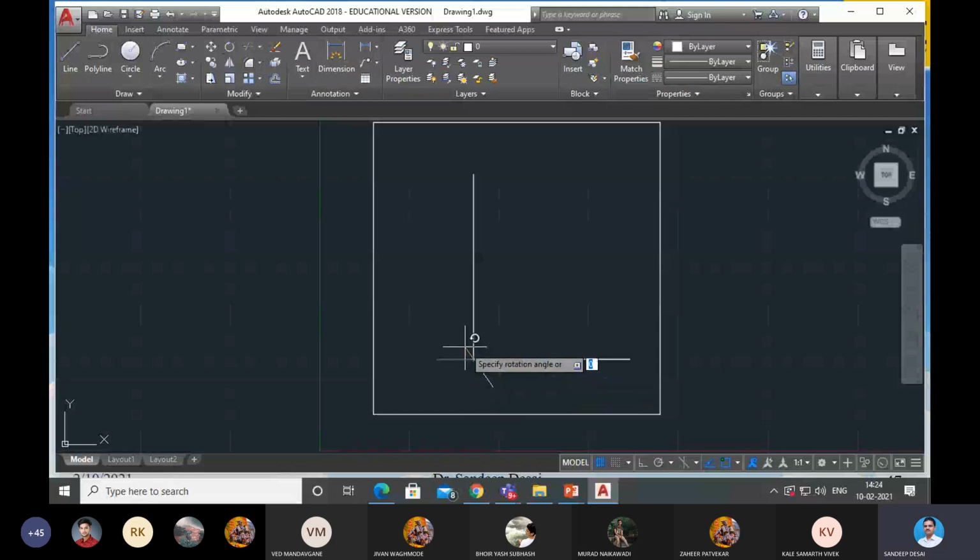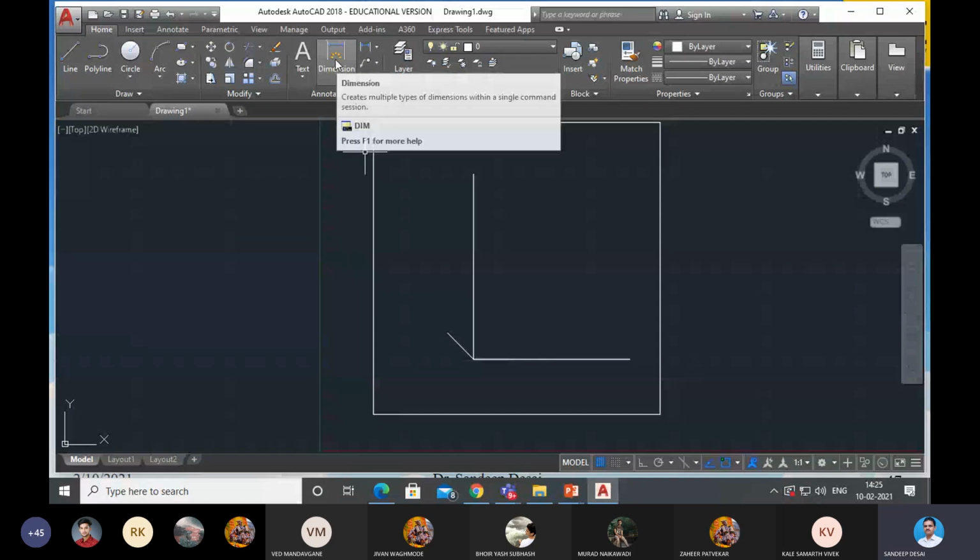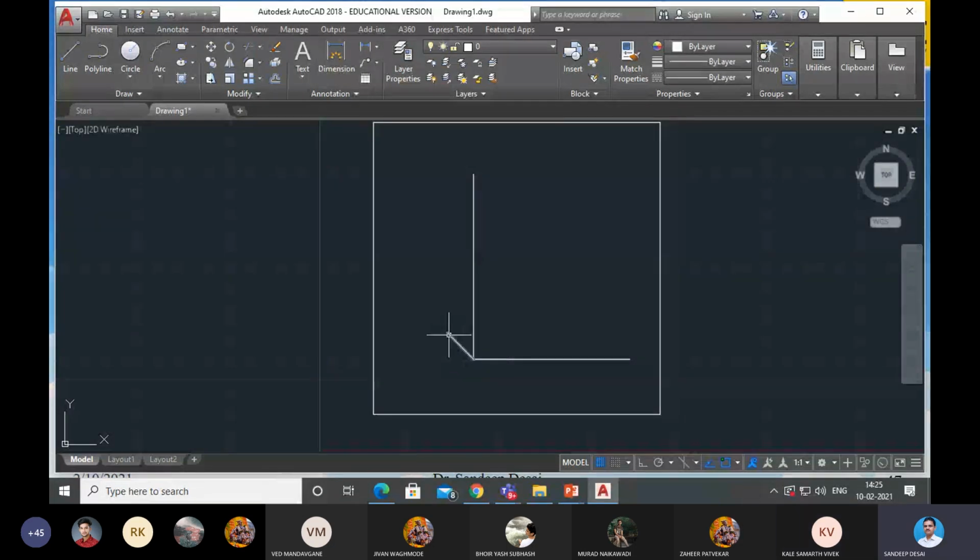Rotate, select this line of 508 mm, select the base point and select angle. Angle is 45 degree. Yes or no? Angle is 45 degree from horizontal, right? Yes, sir. Right. So 508 mm, I have increased it by 10 times. Angle is 45 degree. So this is that line.